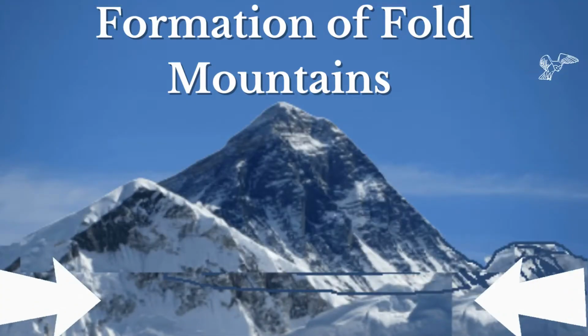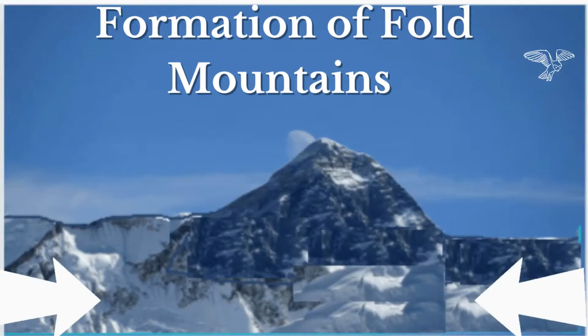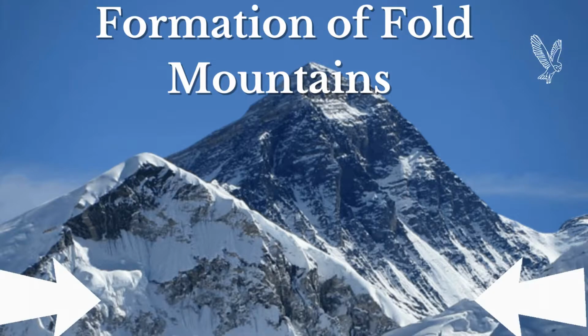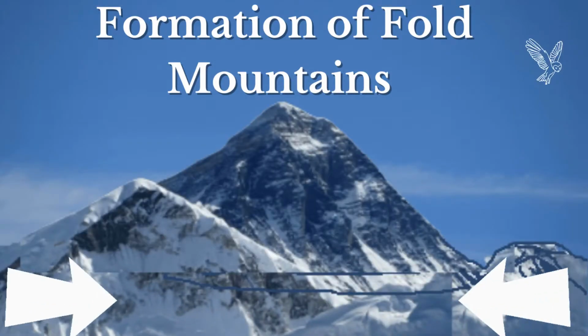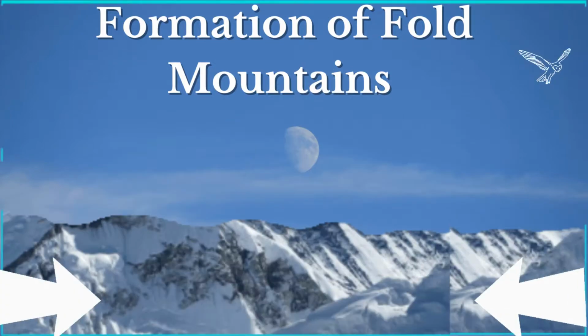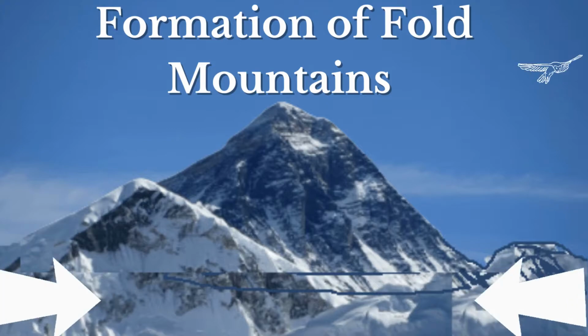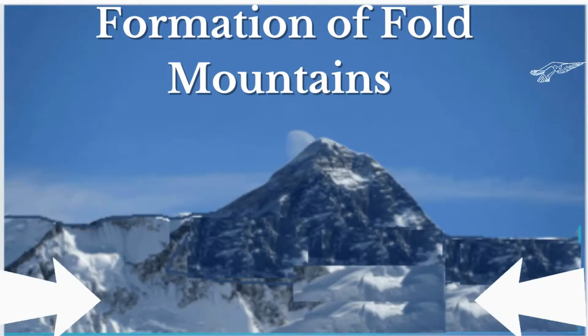Fold mountains are created at convergent plate boundaries, which are sites where tectonic plates are pushed together. Rocks on the edge of continental crusts are often weaker and less stable than rocks found in the continental interior, which makes them more susceptible to folding.